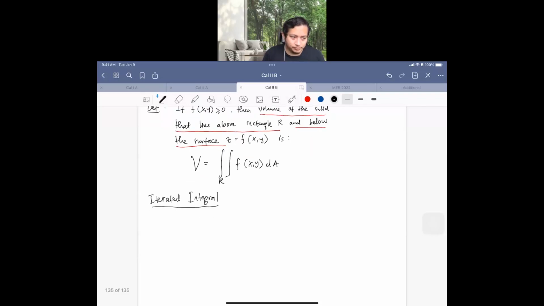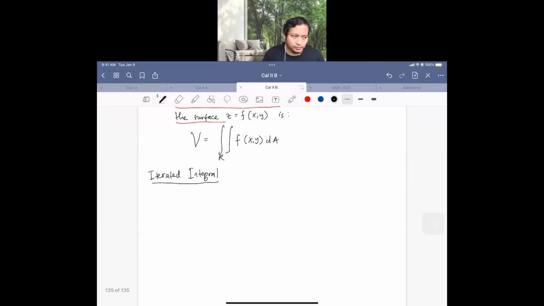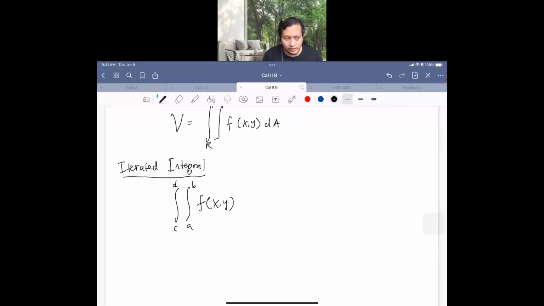So, for example, let me just write the double integral of our function of two variables. Let me start with limits a, b, c, d. We define these as constants a, b, c, d, and then we have dx, dy, for example.